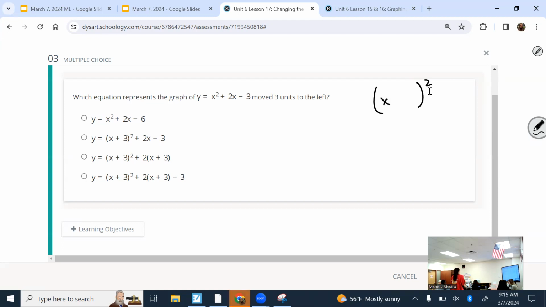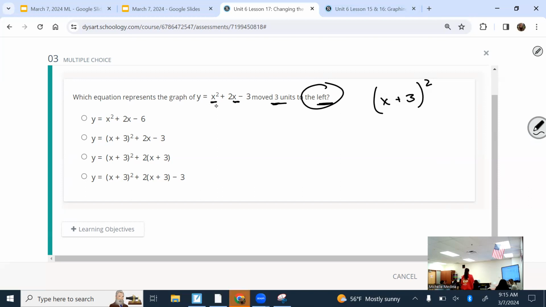So if it's moving 3 units to the left, what would need to be in the parentheses? A 3, and plus or minus. If I want to go left, plus. So that's what I think it's trying to say. And then because there's multiple x's, I think it only wants it in the one before it's squared. That's what I'm going to go with.